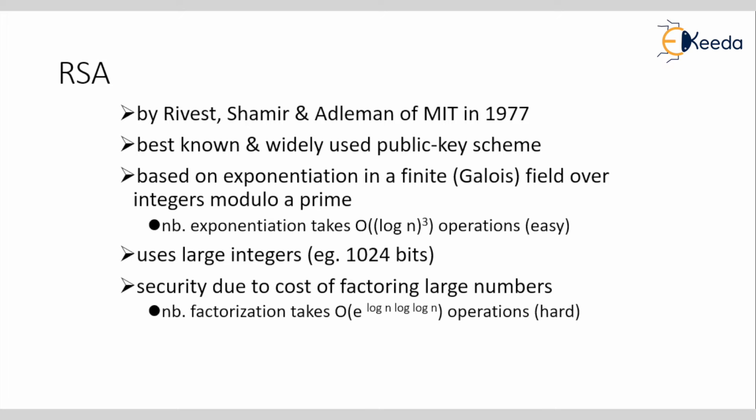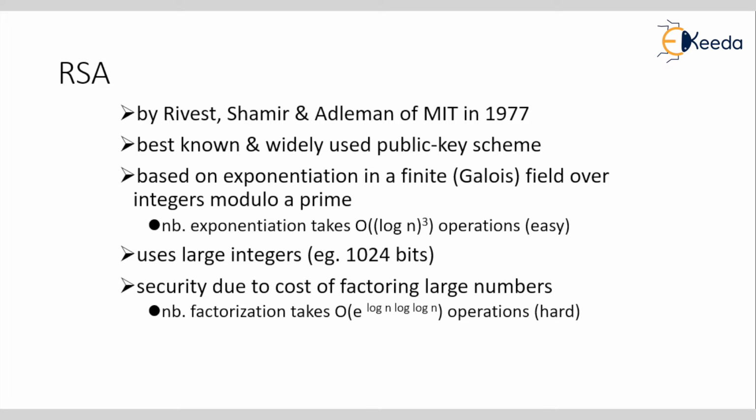Exponentiation takes O of log n to the power of 3 operations, and this is what makes it difficult for attackers. It uses large integers, for example 1024 bits, because it also requires modulus operations, and thus it increases the security.